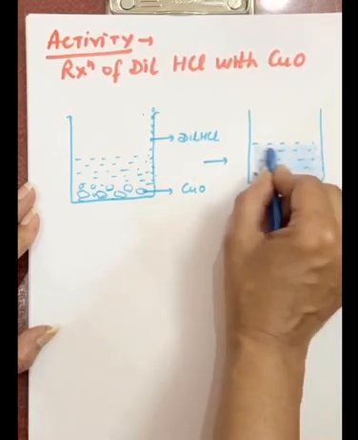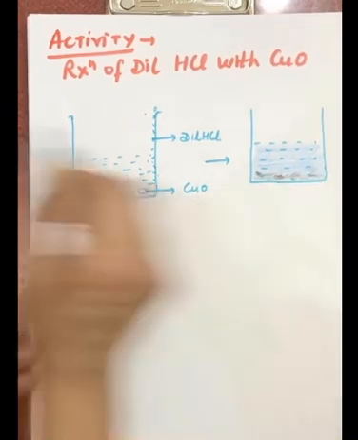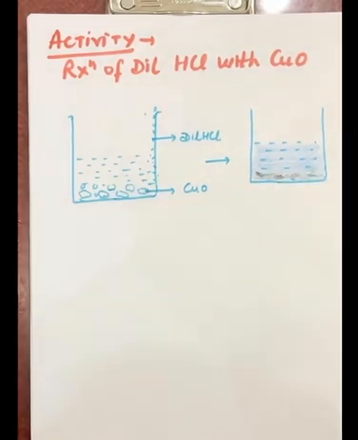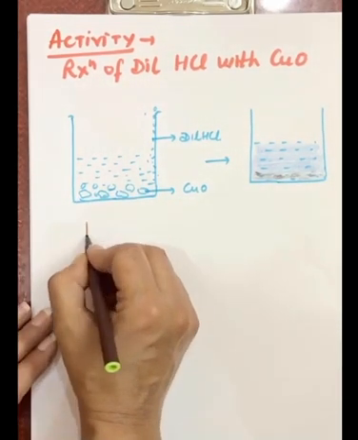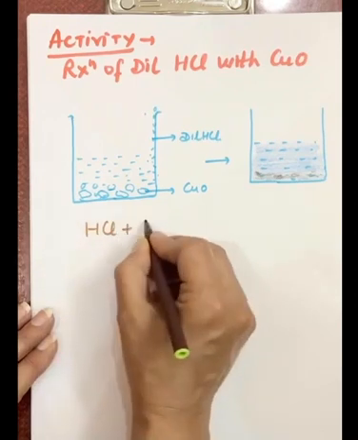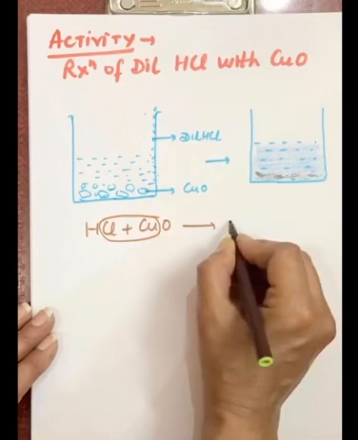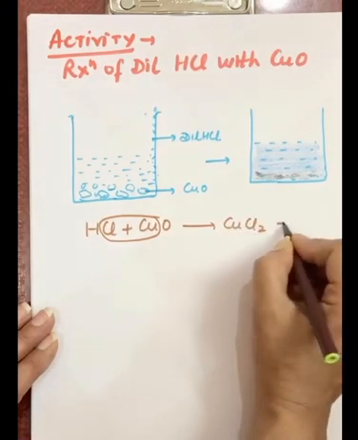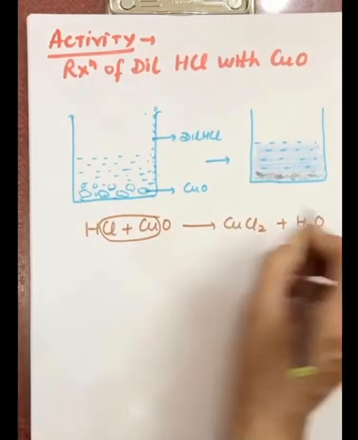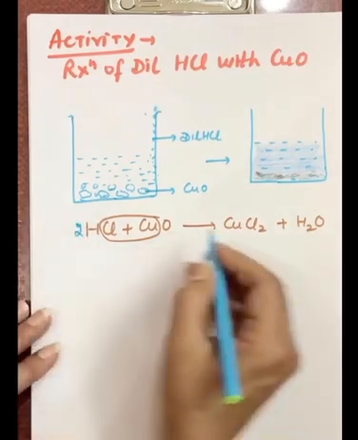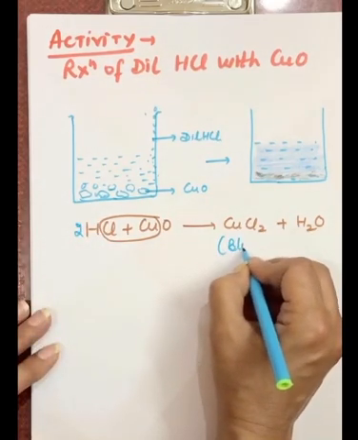That means some new substance is formed here. So what happens when the two are reacting with each other? It is HCl reaction with the copper oxide, and this forms a salt, copper chloride, along with the formation of water.